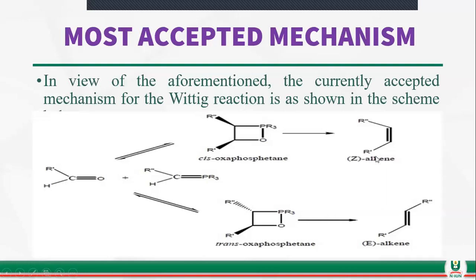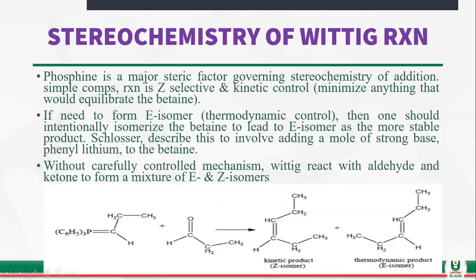We call it Z alkene because the two bulky groups are not the same, R prime and R double prime. Even though they are on the same side of the plane, instead of calling them cis, we call them Z. The one down here is the trans isomer of oxaphosphetane, which when it is released, because the bulkier groups are not the same, is on the opposite sides of the plane. Instead of calling them trans, we call them the E isomer.